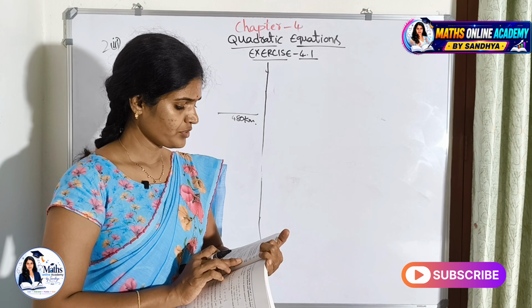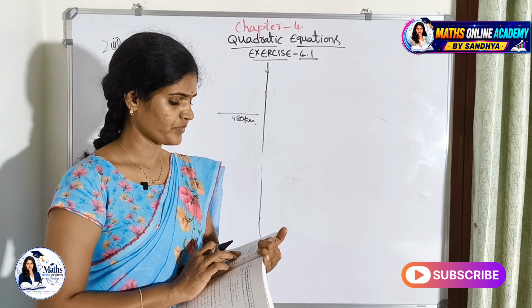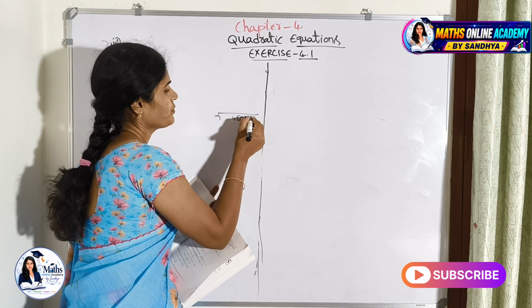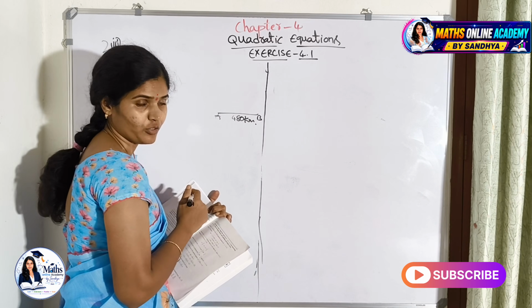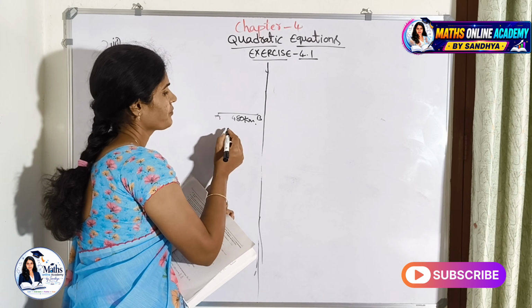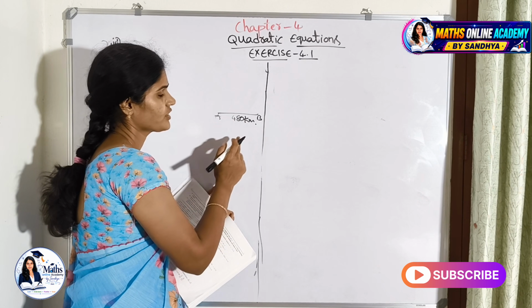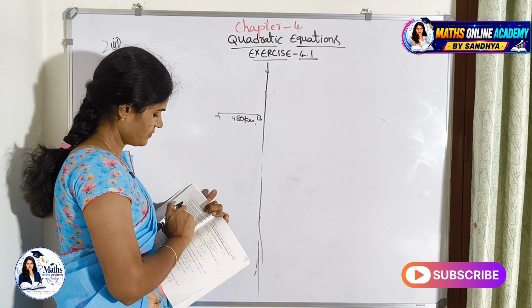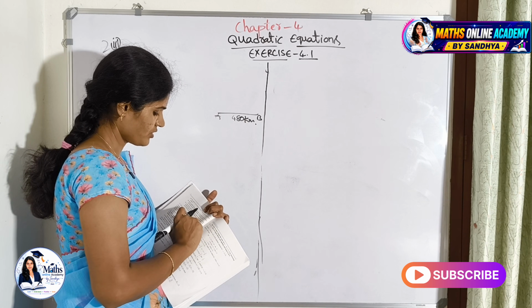We need to find the speed of the train. For example, this is from A to B position. This is the 480 kilometers. The train is moving from A to B with a speed.